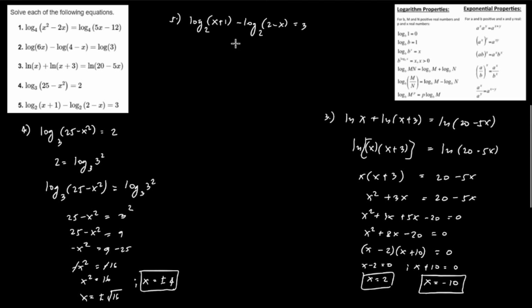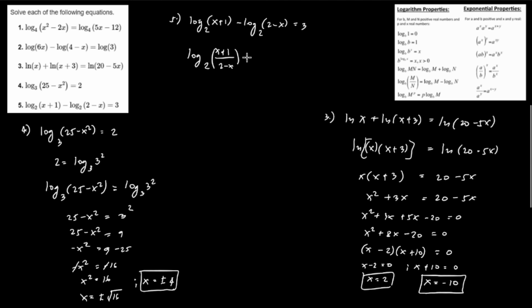In terms of m, that is x plus 1, and n is 2 minus x, with base b, or 2. Log of m, which is x plus 1, divided by n, which is 2 minus x, with base 2.